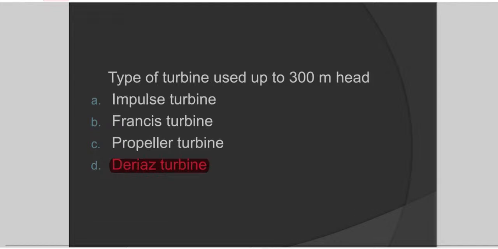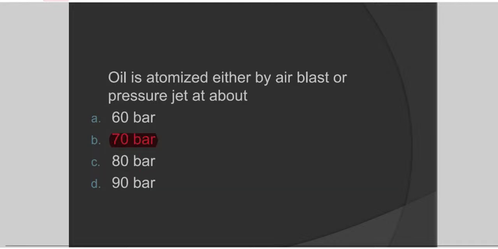Type of turbine used up to 300 MW. A. Impulse turbine. B. Francis turbine. C. Propeller turbine. D. Darius turbine. Oil is atomized either by air blast or pressure jet at about A. 60 bar, B. 70 bar, C. 80 bar, D. 90 bar.